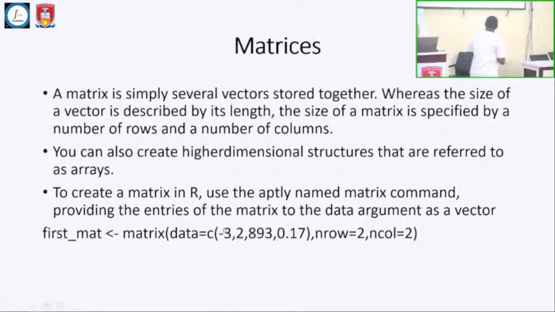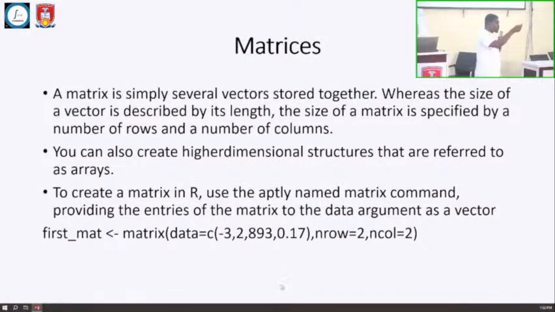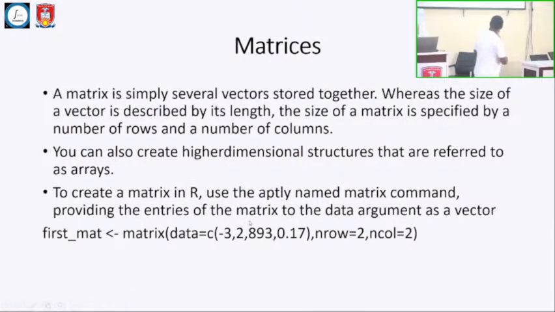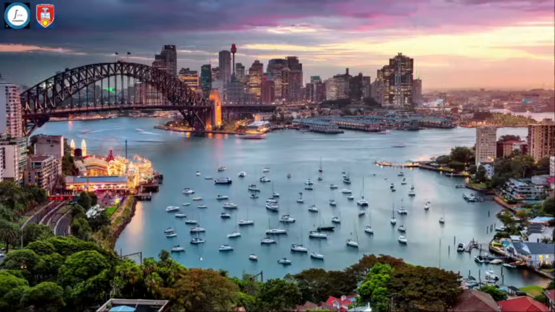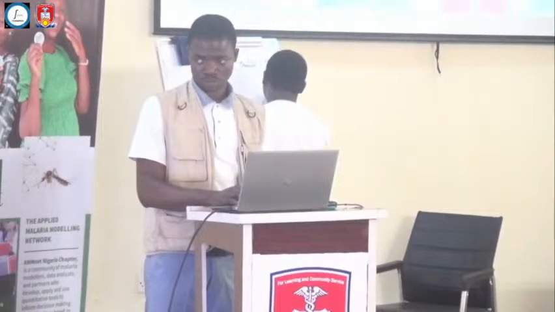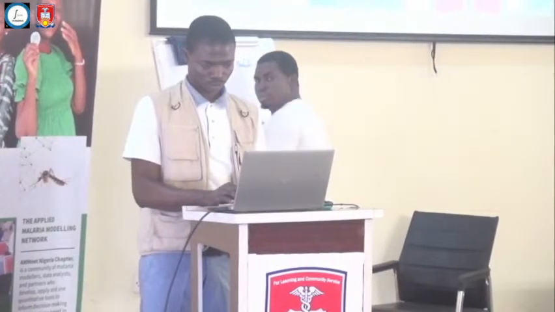What R will do for you is that when you say 2 by 2, by column, it first picks the first column. Let me have a marker. So on the first column, we are going to have -3, 2, and then the next one will be 8.9, 3.